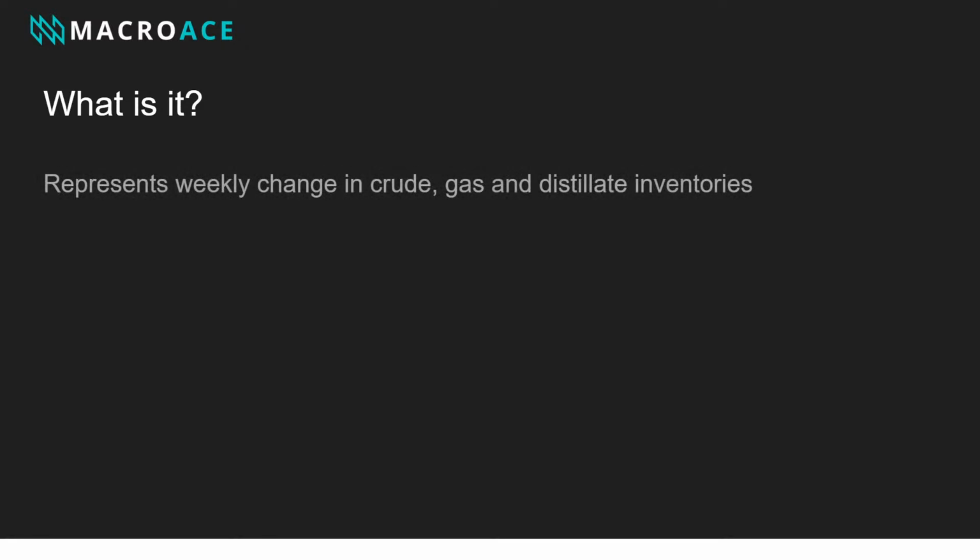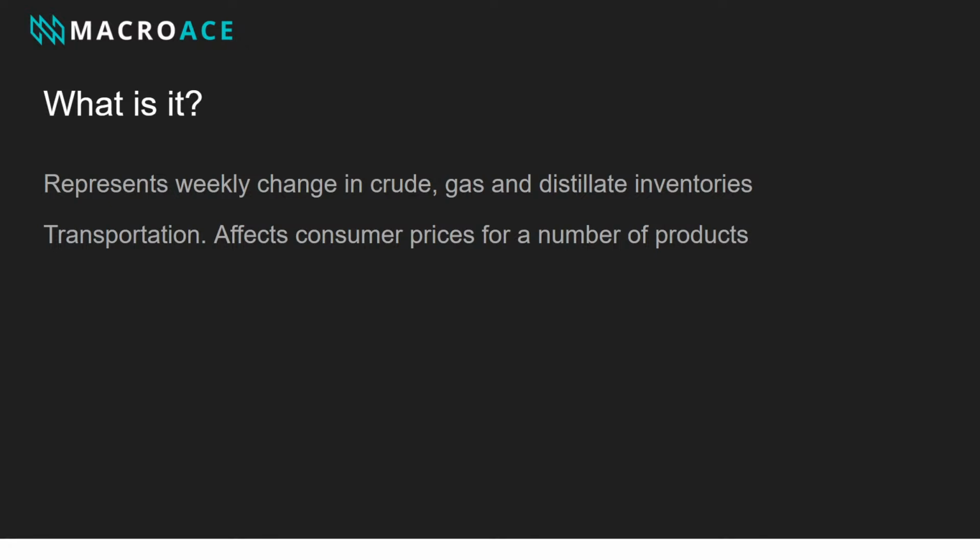But what is the EIA inventories release? It represents the weekly change in crude, gas, and distillate inventories, and it mainly affects areas of the economy such as transportation, also consumer prices for a number of products too.